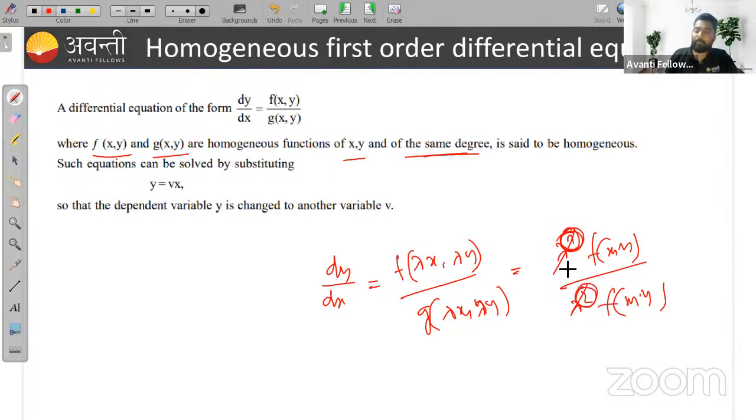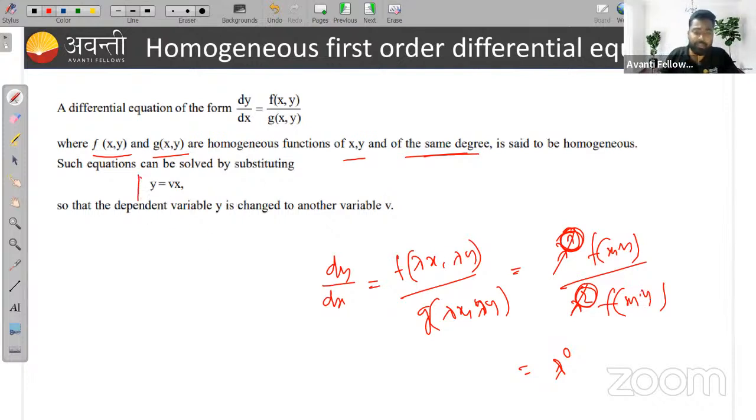Or we can say the degree must be 0, that is lambda to the power 0 into f of xy upon g of xy. Is that clear?